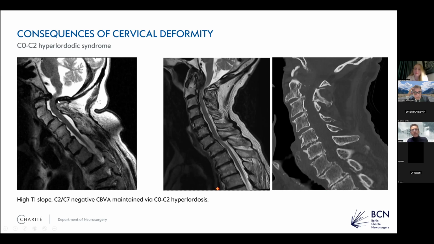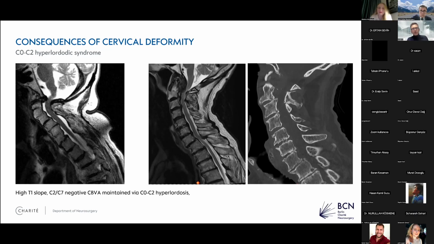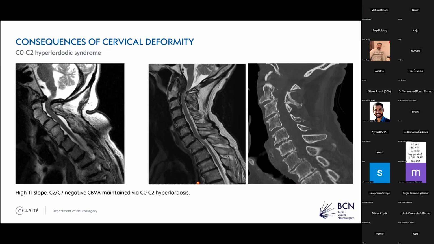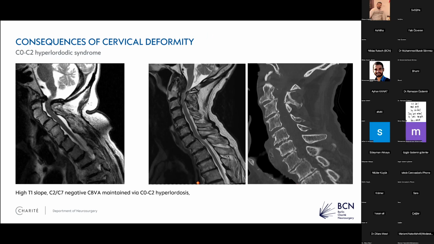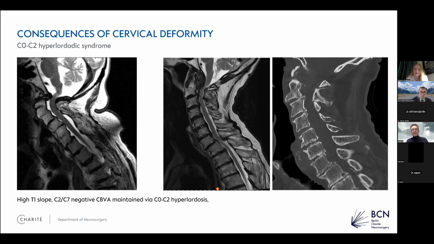But on the left, you can see that you will identify some bony and ligamentous changes that will then lead to this kind of compression of the higher spinal cord at the cervical medullary junction. And these are two nice examples showing how the axial spine is going into lordosis to compensate for the hyperkyphosis of the subaxial spine. And it's really interesting to think about how you would treat this condition, because if you are taking it seriously, you might have to correct the subaxial spine plus the axial spine and not only decompress at the craniocervical junction.